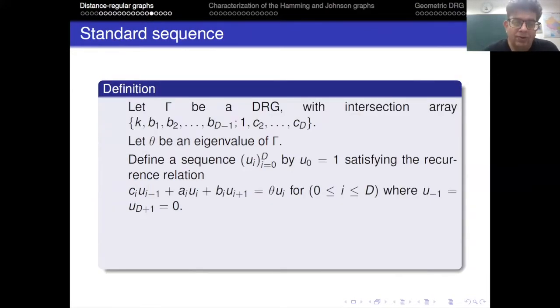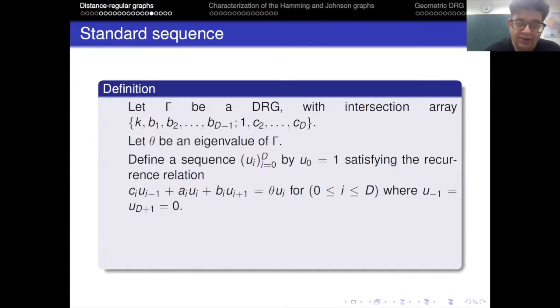And now I will introduce the standard sequence and the standard representation of a distance-regular graph. So we have a distance-regular graph with intersection array, and we have an eigenvalue theta of gamma.